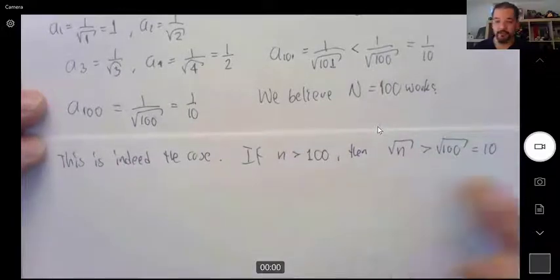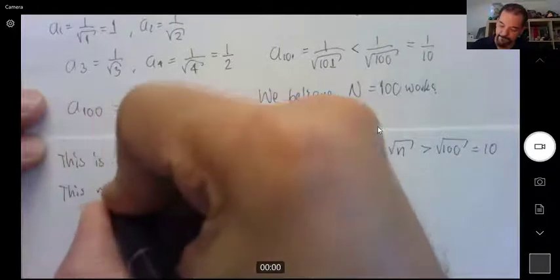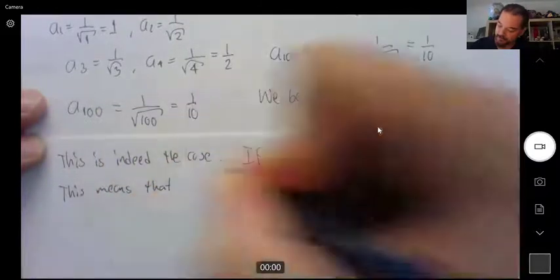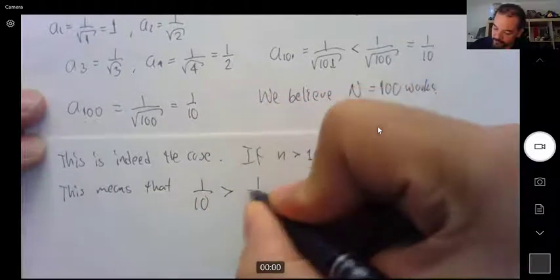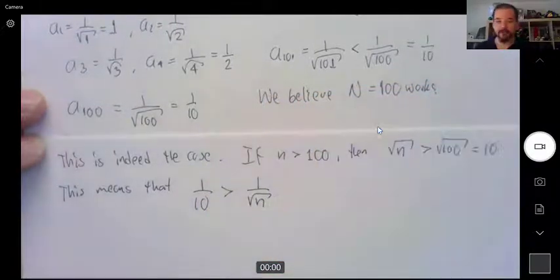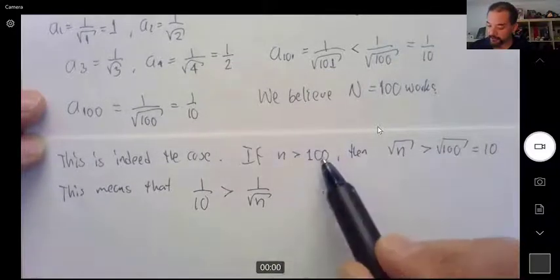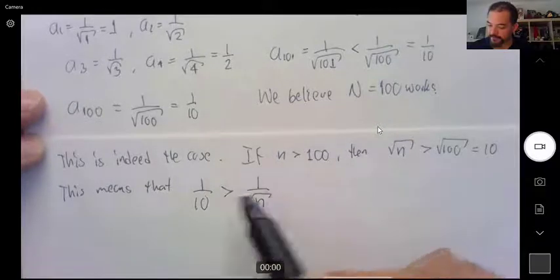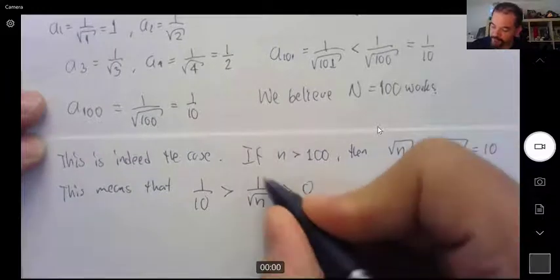And then if we take reciprocals, it means that 1 over 10 is bigger than 1 over root n. And that's exactly what I wanted: every element bigger than 100 satisfies that this is less than 1/10. And it's also bigger than 0 because the square root is positive.